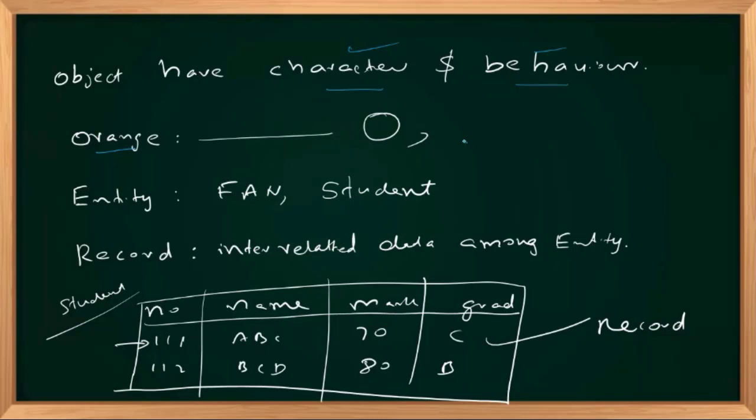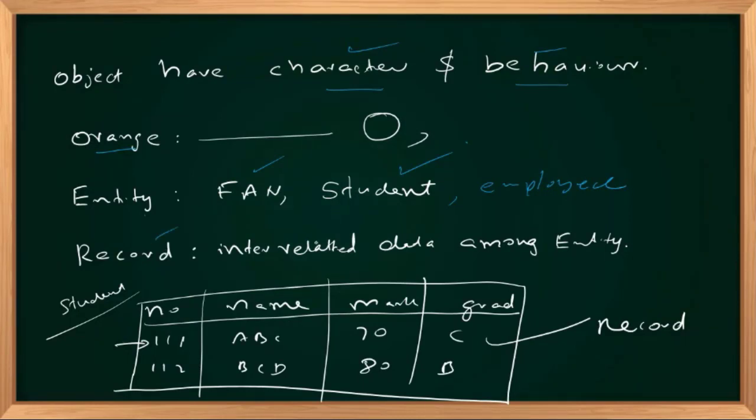Like that, orange behavior has some taste. So any object can have characteristics and behavior. What is an entity? An entity is an object. Examples: fan, student, employee. These are entities.